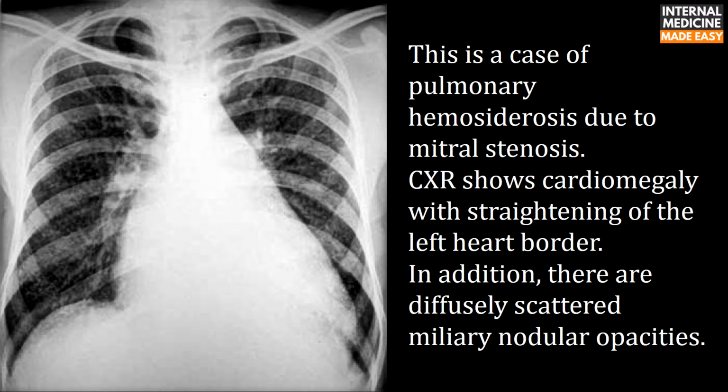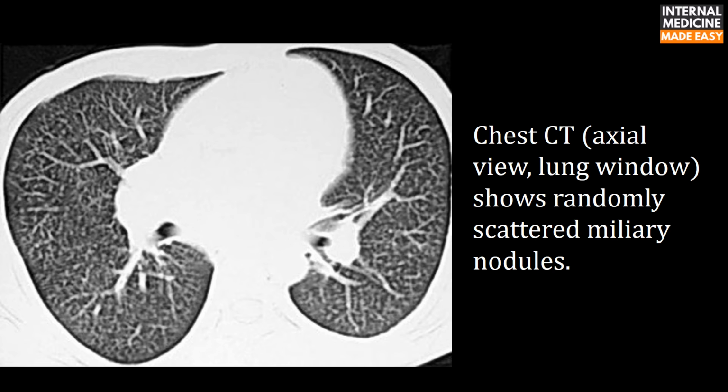Chest X-ray shows cardiomegaly with straightening of the left heart border. In addition, there are diffusely scattered miliary nodular opacities. Chest CT axial view lung window shows randomly scattered miliary nodules.